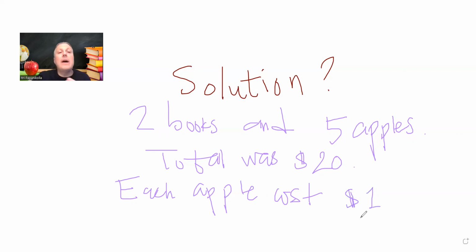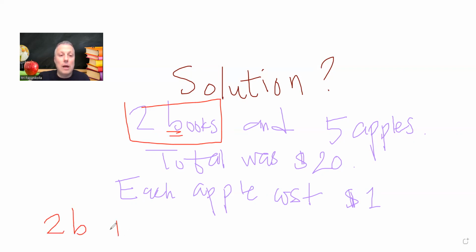And we want to find out how much it costs for the books. So we want to start with an expression. Number one, we have 2 books, so maybe we can use the B. We can say 2B plus, the word and is a plus, 5 apples.